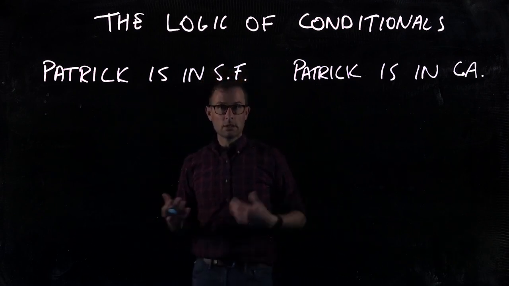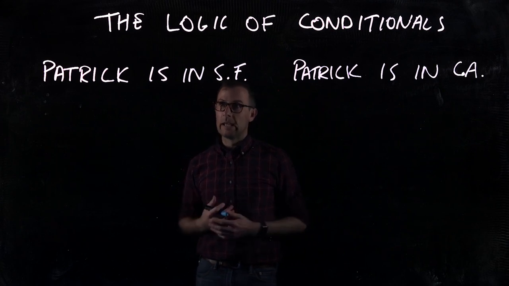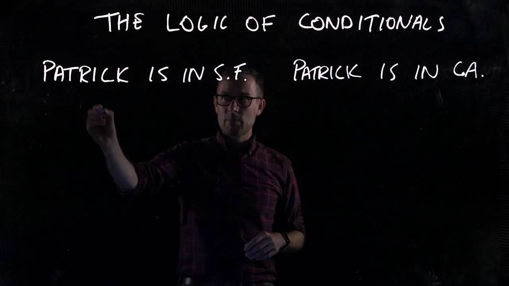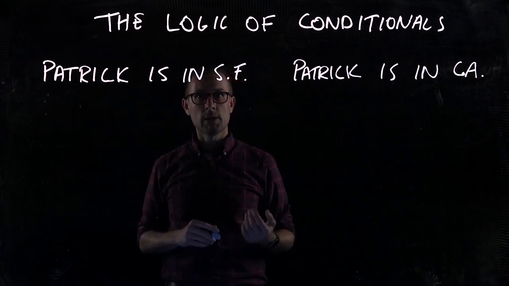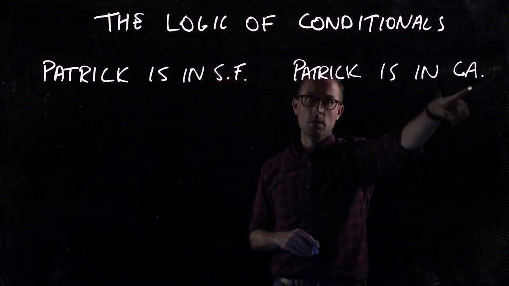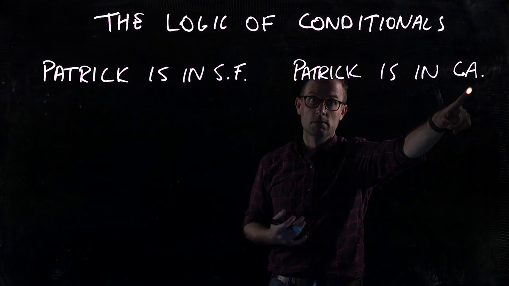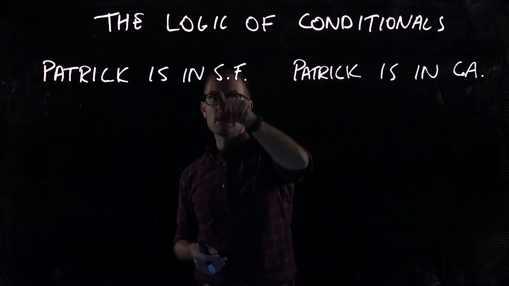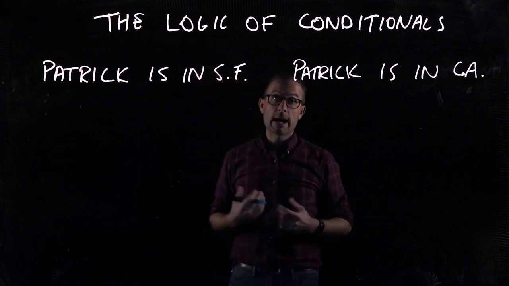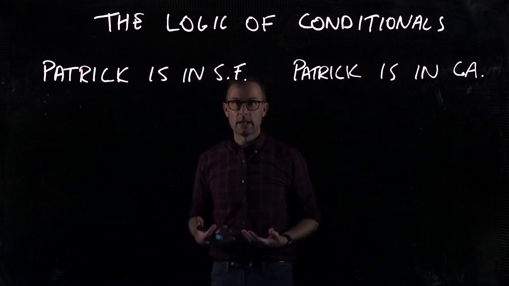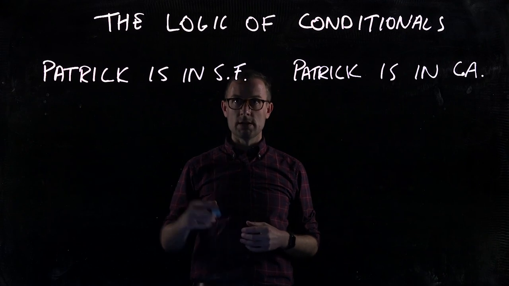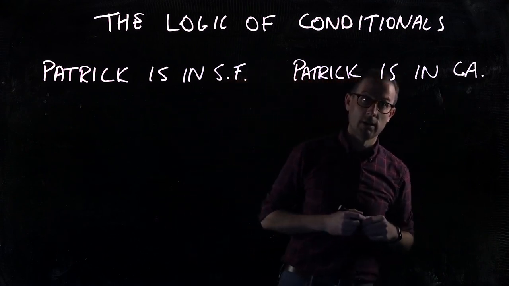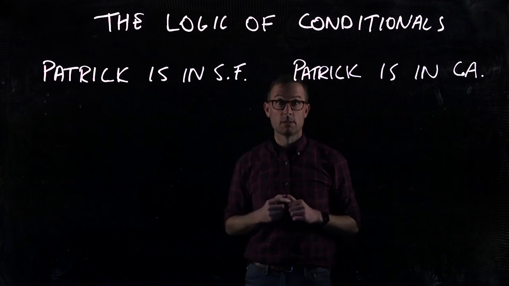Given how geography and locations in space work, if somebody says Patrick is in San Francisco, guess what? You also know that Patrick is in California. Which is just to say there is a necessary condition that has to be fulfilled, or has to be the case, in order for Patrick to be in San Francisco. Namely, he has to be in California for this sentence to be true.